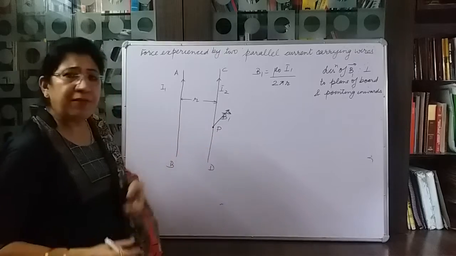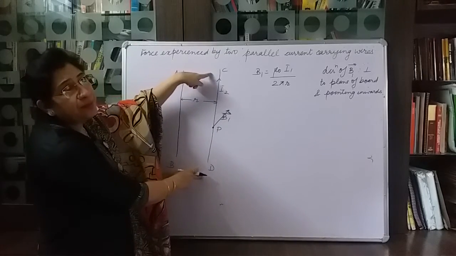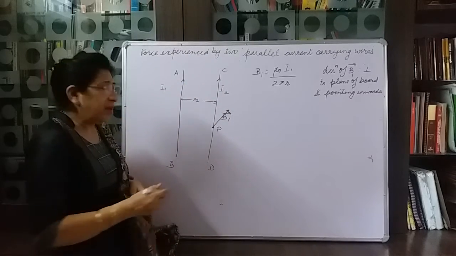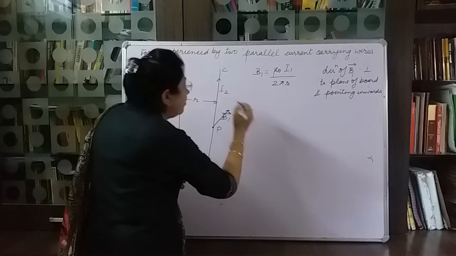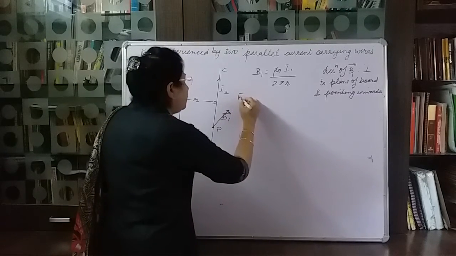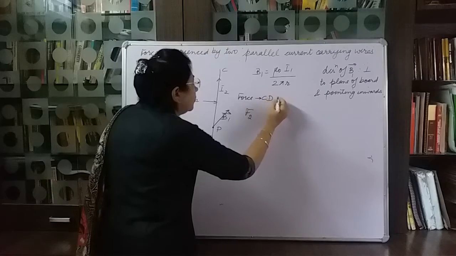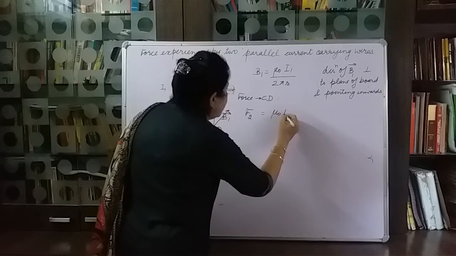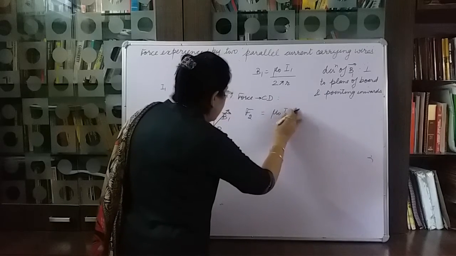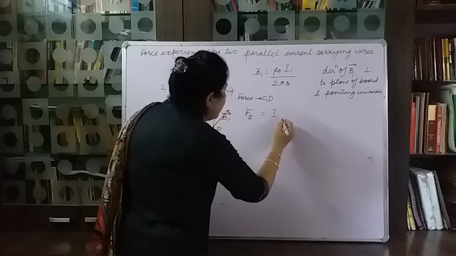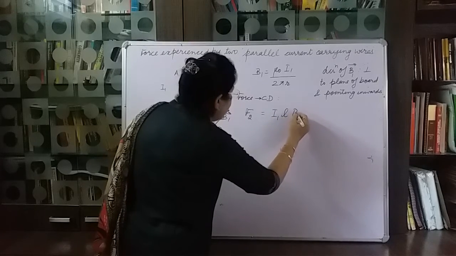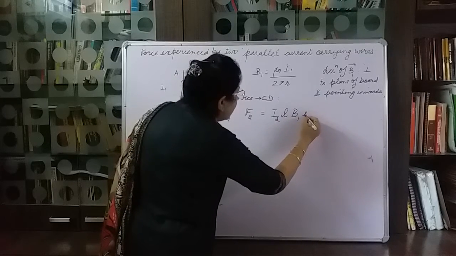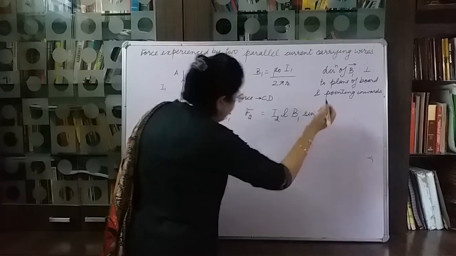Due to this magnetic field, now the current carrying wire CD, for which we have just found the expression in the last derivation, will experience a force. Let us find the force. The force is I2 L B1 sine 90 degrees.